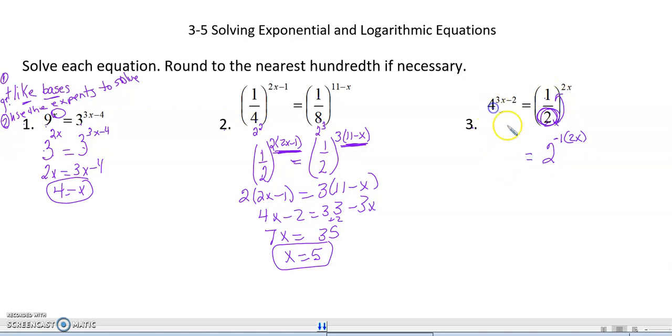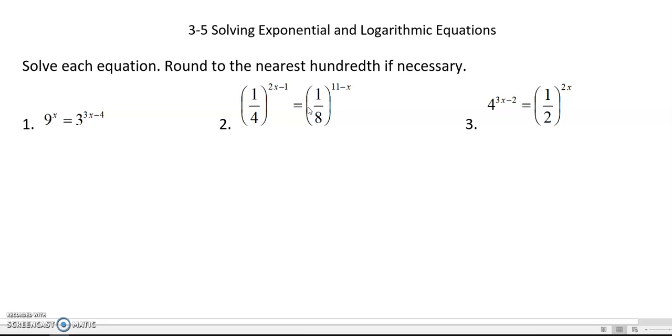I can write 4 as 2 squared, and then I'm going to keep that exponent. Okay, once the bases are alike, put these two things equal to each other and distribute when you can. And then solve. Get negative 4 is negative 8x, so x is a positive 1/2. Okay, so like bases, make sure you can get like bases.